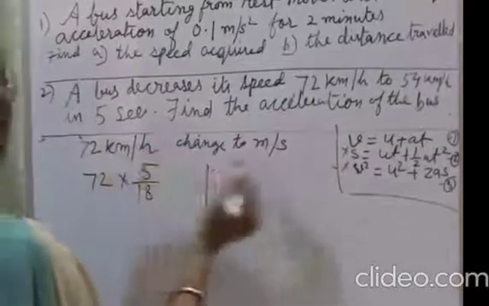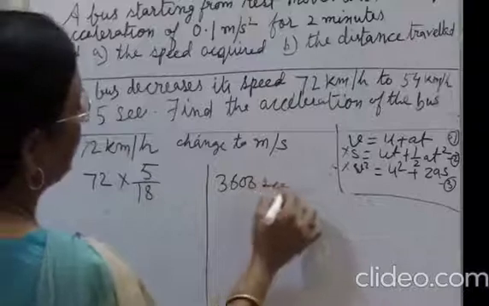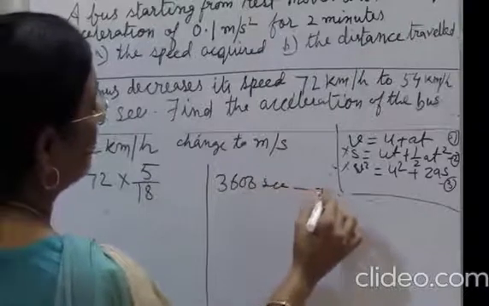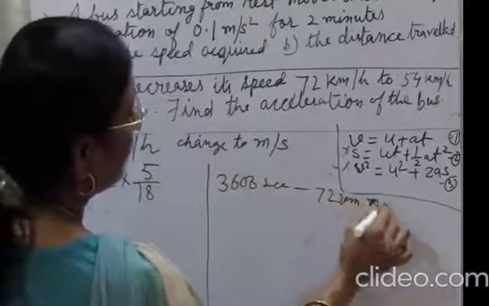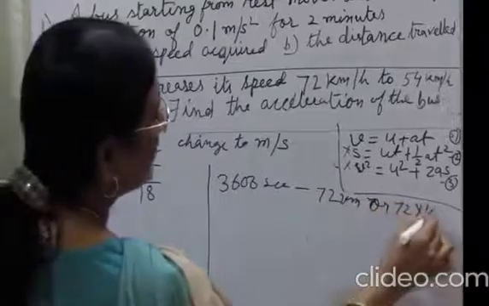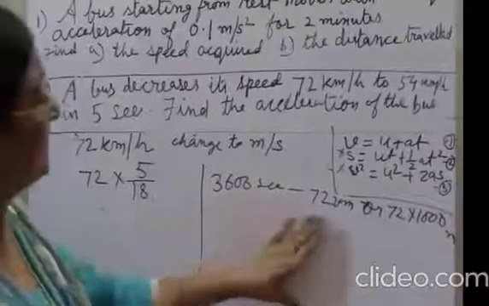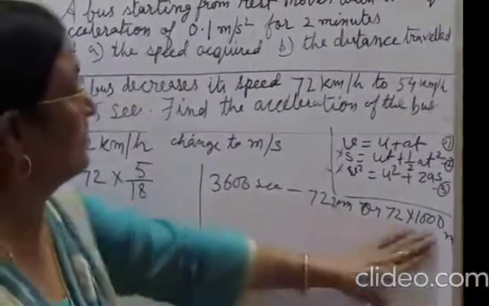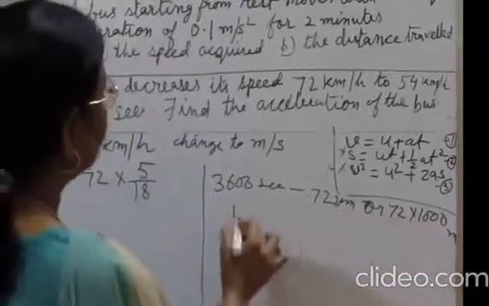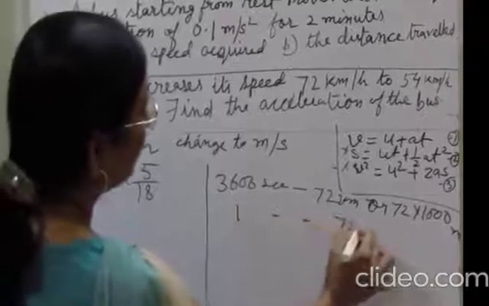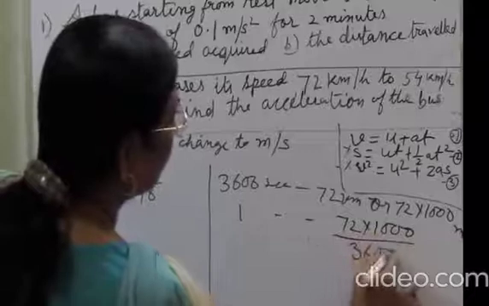72 km in 1 hour means 3600 seconds. In 3600 seconds, how much will it go? 72 kilometers, or 72 into 1000 meters. Clear? 1 kilometer means 1000 meters. So in 1 second, how much will it go? 72 into 1000 by 3600.